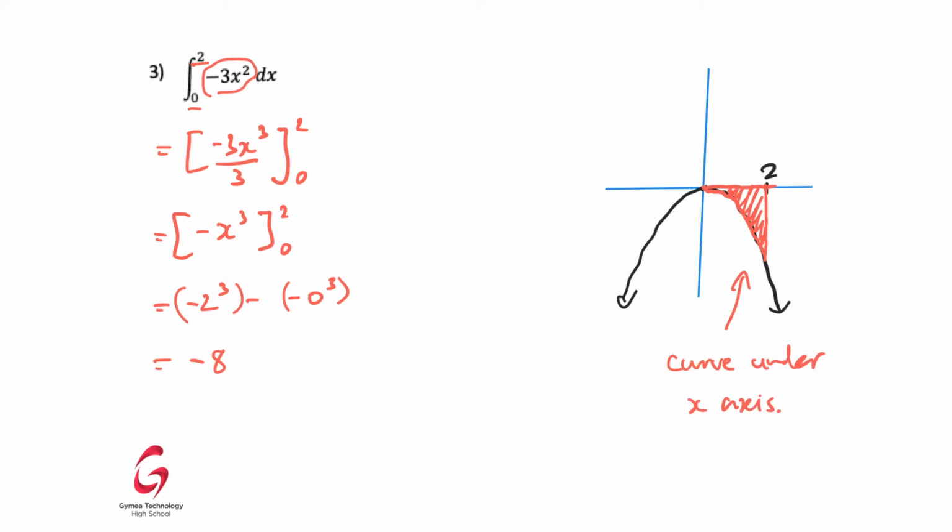So this is something that's going to be super important for us later on. Any bit of area under the curve that goes up to that x-axis that's underneath is going to give us a negative value. That's going to be super important to consider when we do other more difficult questions later on.